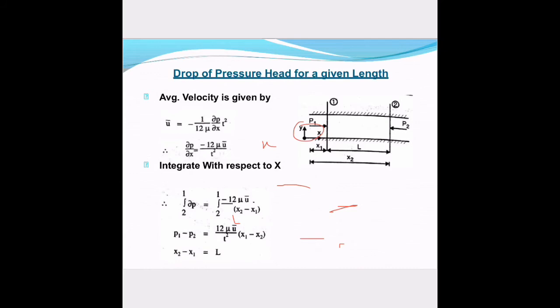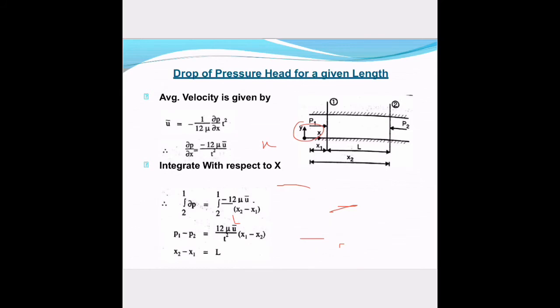If you consider these two sections, then the difference of this length will be x1 minus x2, isn't it? x1 plus L equal to x2, isn't it? So L will be equal to x2 minus x1.